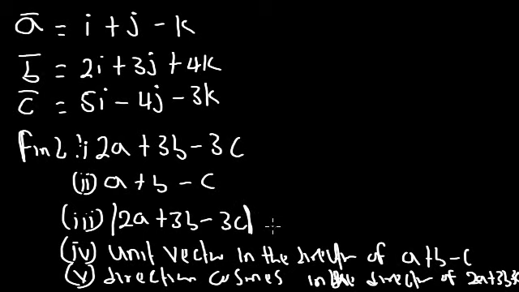So these are five different questions before us that we need to simplify. So let's begin with the first one, 2a plus 3b minus 3c. I've copied out all the questions, so you can also copy them in your note, because I'm going to get them off the screen so as to have enough space to solve the problem.